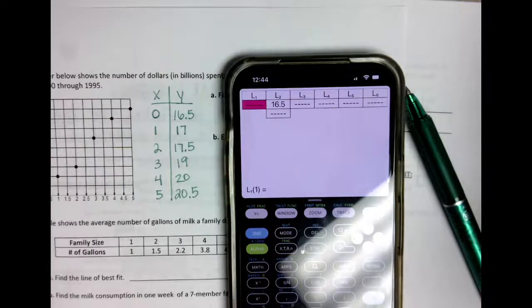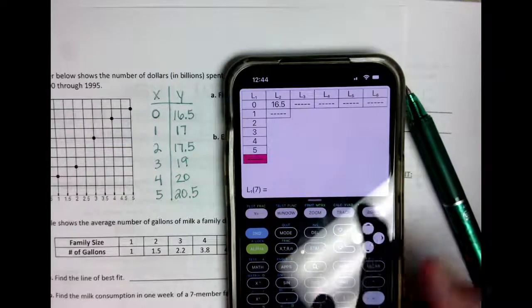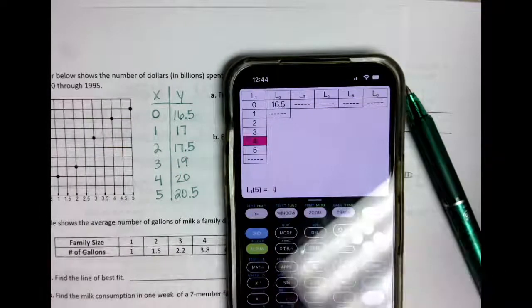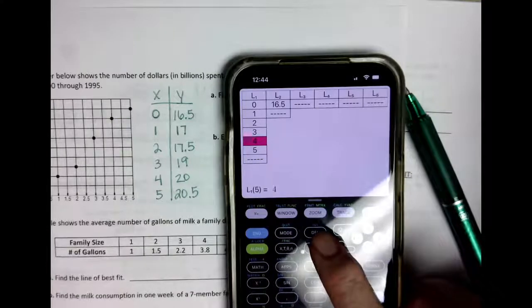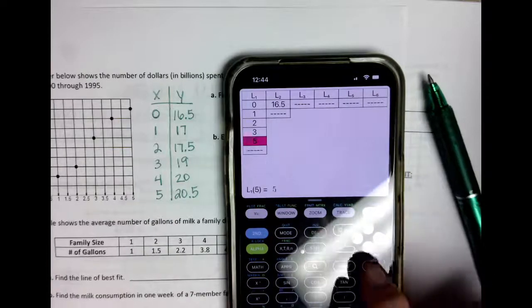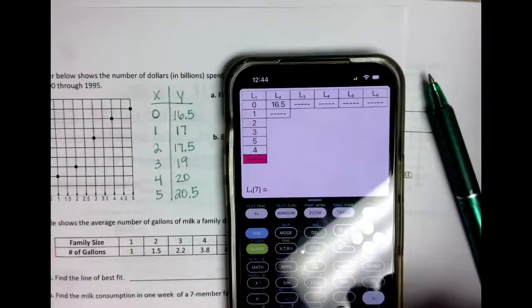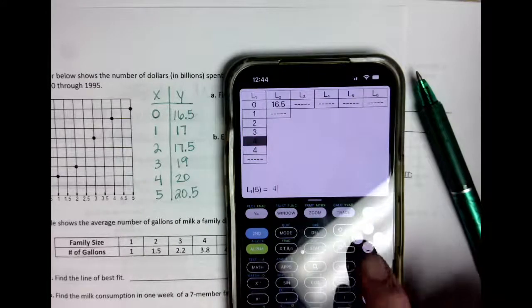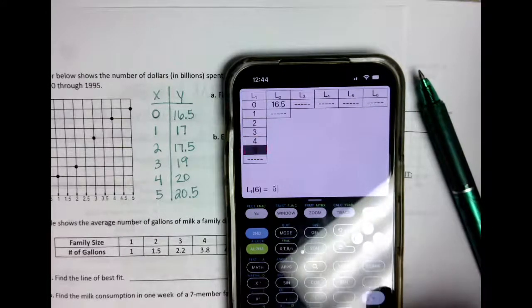Like, don't delete the L1, but just delete each individual thing. Did you hear what we just said on that? So if I got like the 4 wrong here, I would go to it and I would hit this delete button and it would take away the 4. But now I screwed that up because now I need that is 4 and that is 5.